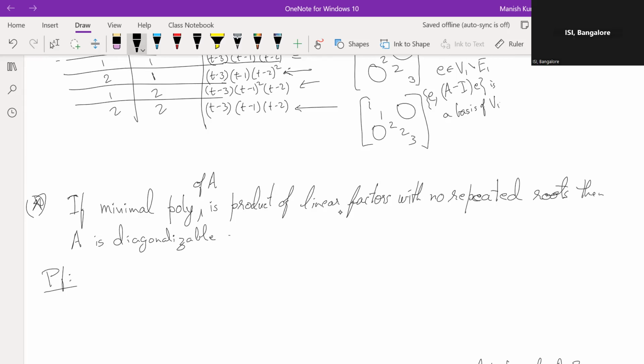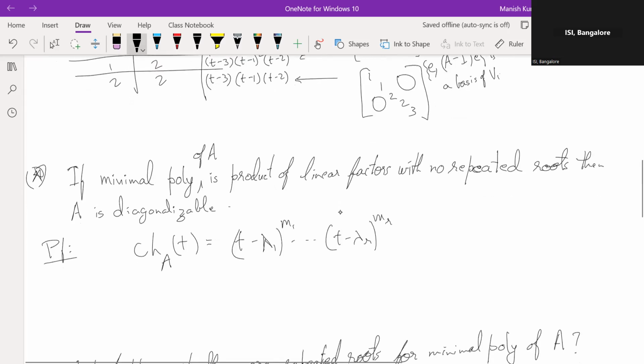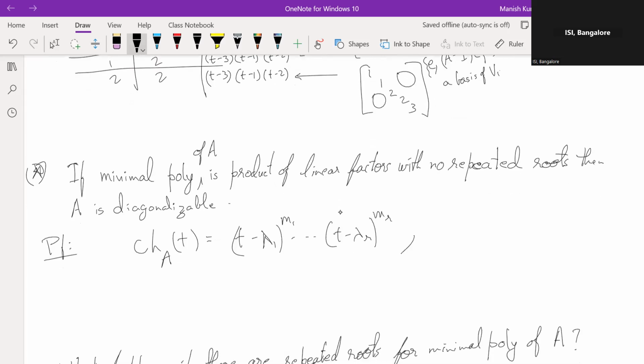So you look at the characteristic polynomial of A, it looks like (t minus lambda 1) to the power m1 through (t minus lambda r) to the power mr, and the minimal polynomial, because it has distinct factors, is going to be (t minus lambda 1) through (t minus lambda r).